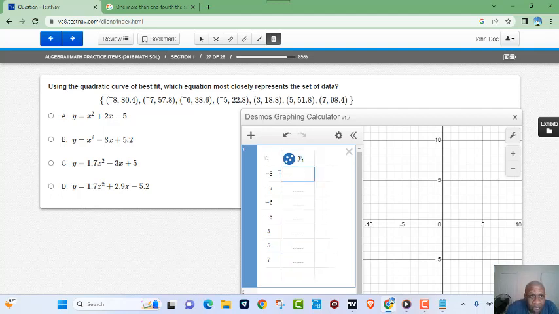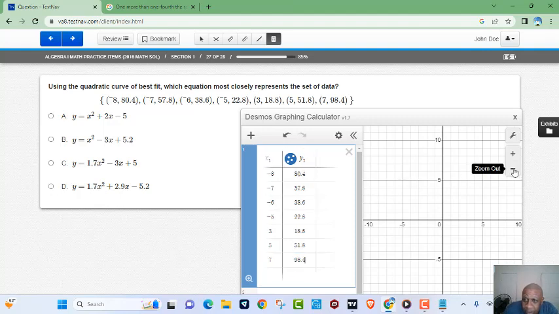And then for my y's I have 80.4, 57.8, 38.6, 22.8, 18.8, 51.8, 98.4.